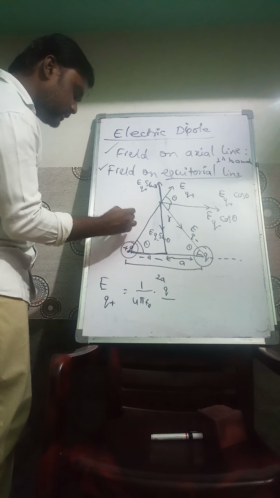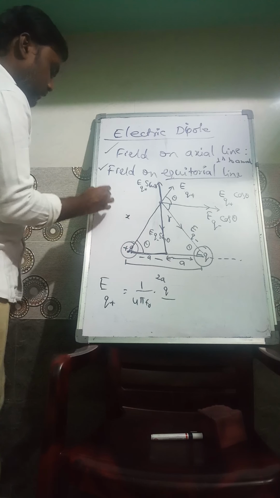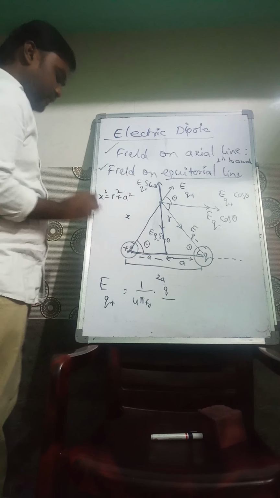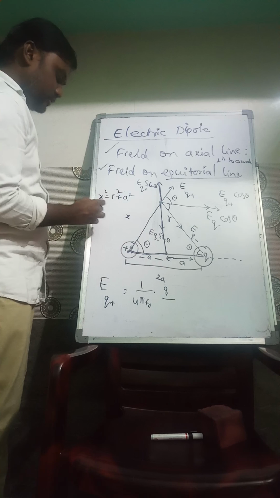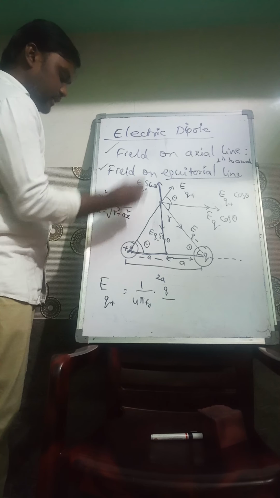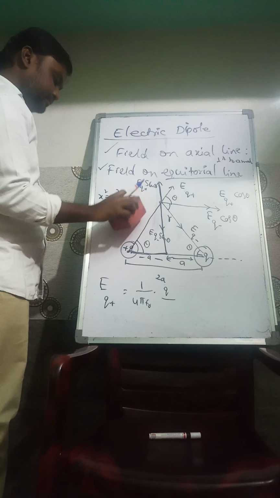Let us call this x. So x square is equal to r square plus a square, so x is equal to root over r square plus a square. This is the value of x.